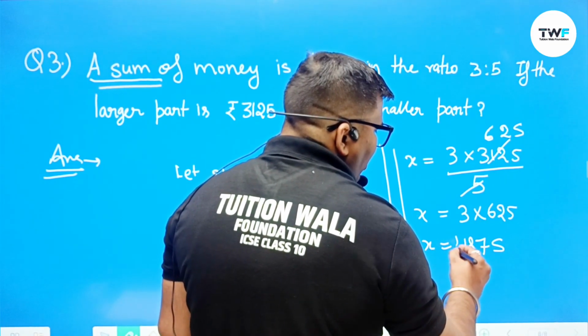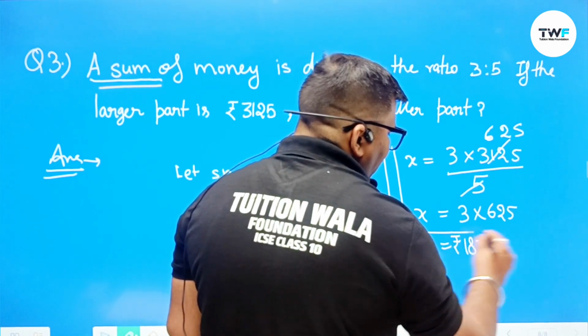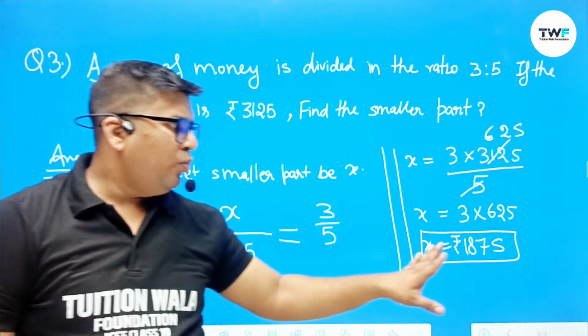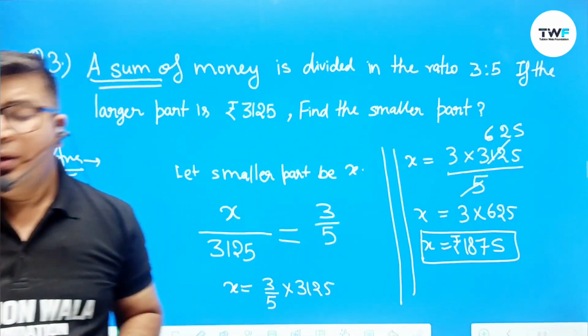That is x equals rupees 1875. The smaller part will be rupees 1875.